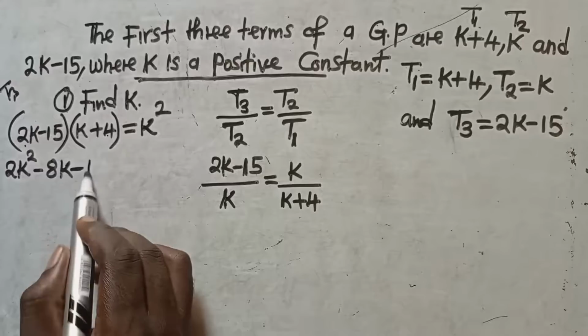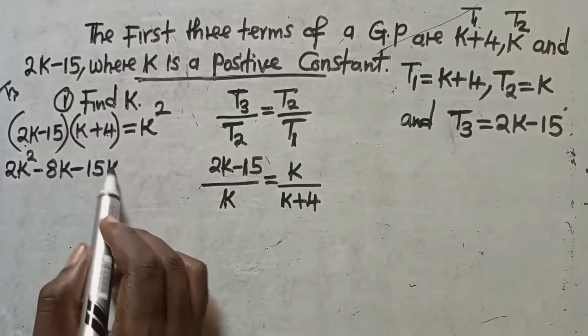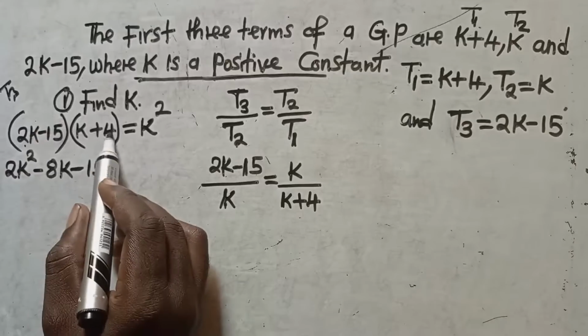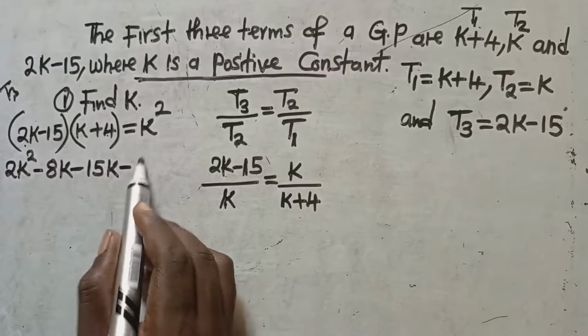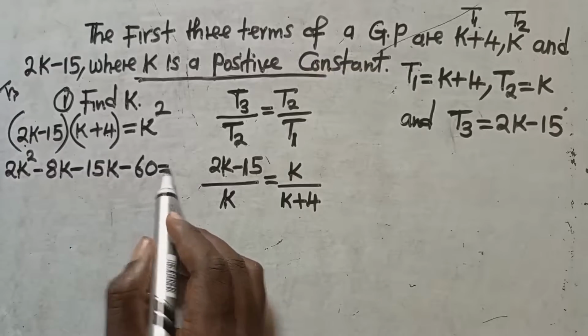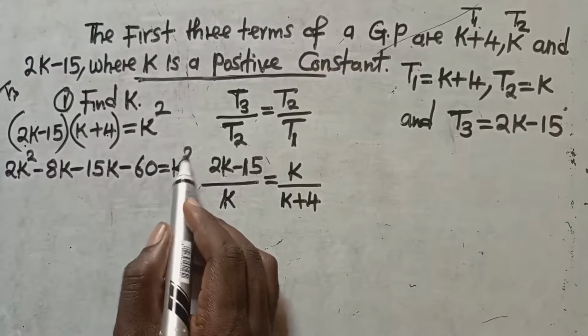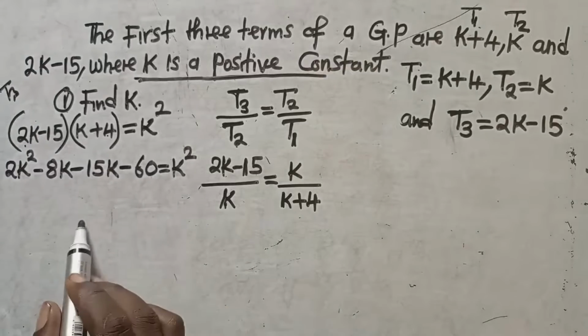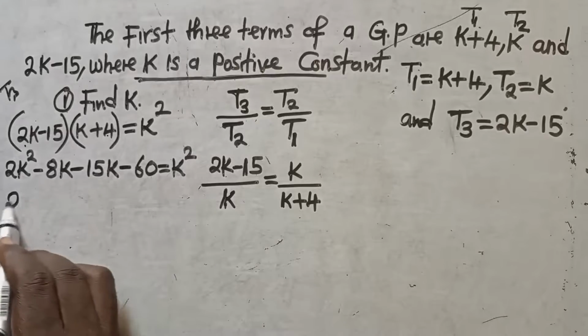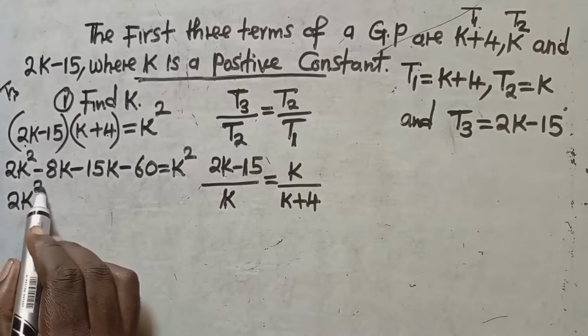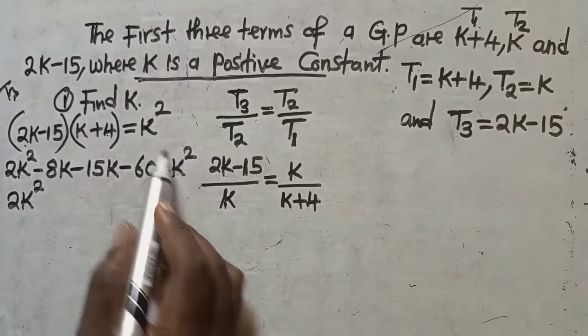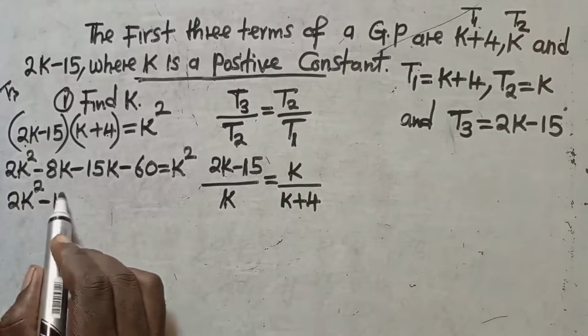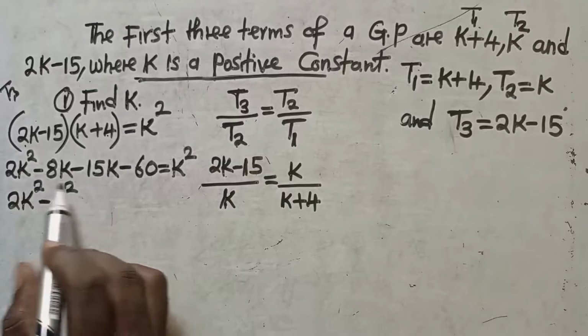Minus 15 times k is negative 15k. Negative 15 times 4 is negative 60, which is equal to k squared. Here, group the like terms. This is 2k squared, which is positive. When it comes inside, it becomes negative k squared.